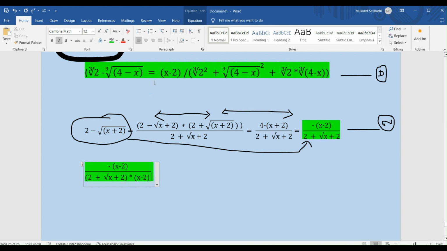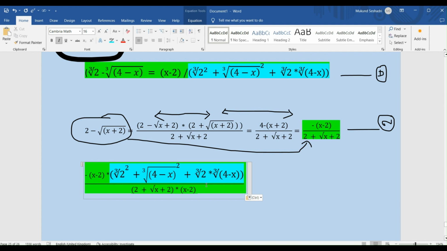When I divide by this, what I've highlighted, let me call it by a different color, this part which I've highlighted in blue, goes to the numerator, right? So I'm just going to copy it. So now I have x minus 2 in the numerator and in the denominator, right?